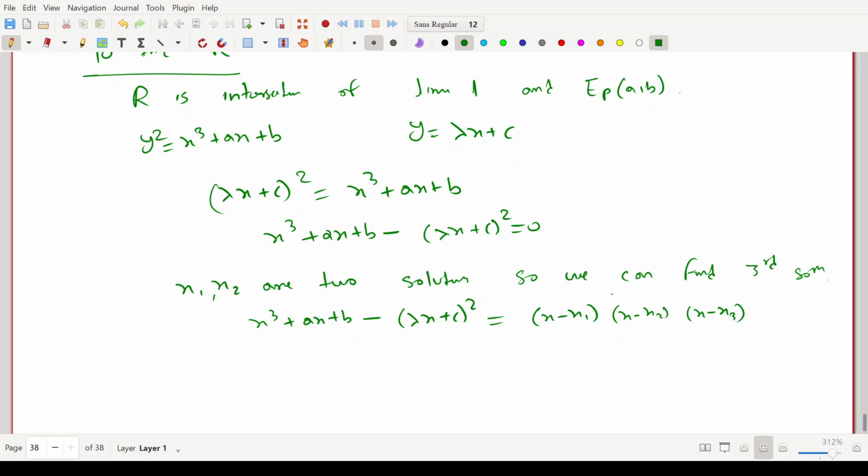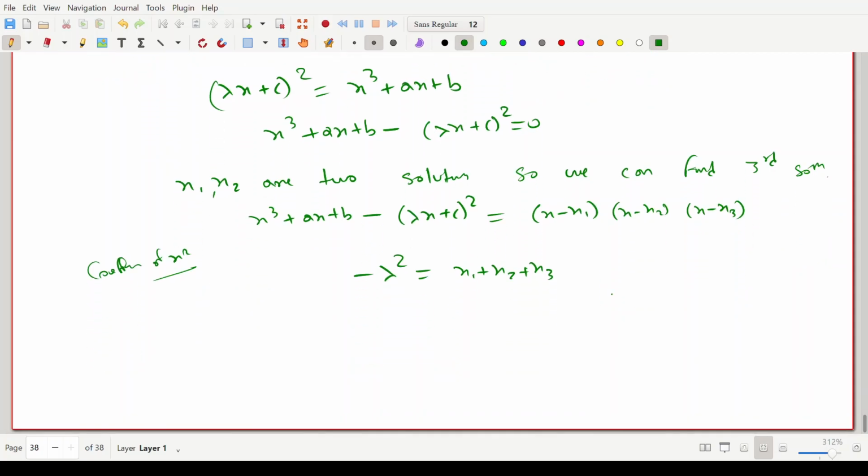So what is the coefficient of x square? Here it will be x1 plus x2 plus x3, and here it will be minus lambda square. So the coefficient of x square, I'm having minus lambda square is equal to x1 plus x2 plus x3. I wanted x3. So what is my x3?